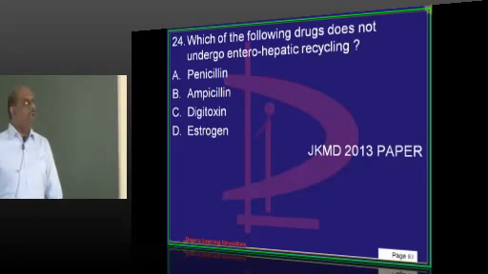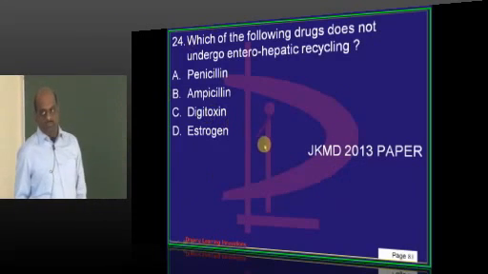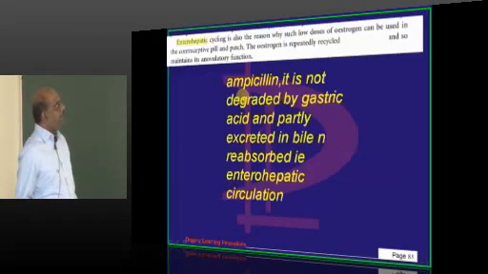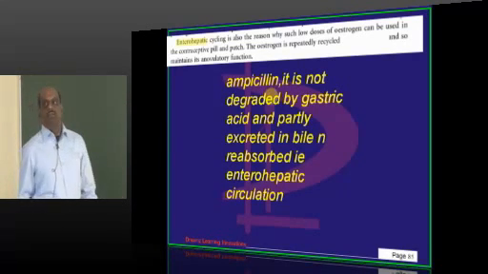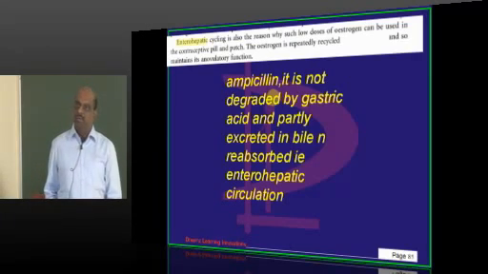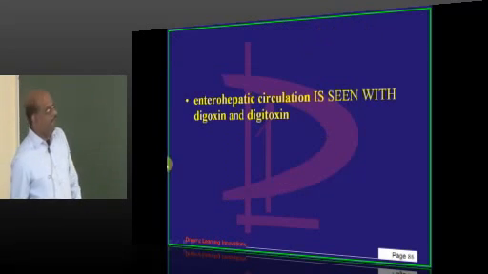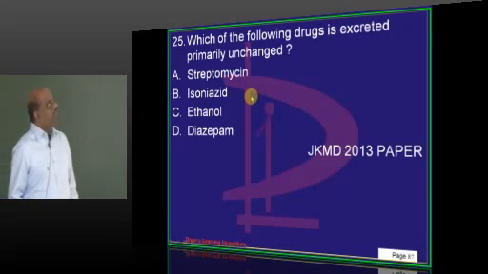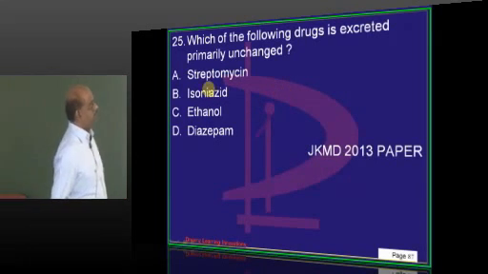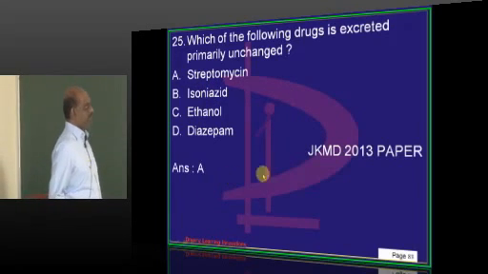Now, all these drugs may undergo enterohepatic recycling, but comparatively penicillin doesn't, while ampicillin undergoes enterohepatic recycling, is what you have to fundamentally appreciate. Now, which drug is excreted mainly unchanged is a very important question.